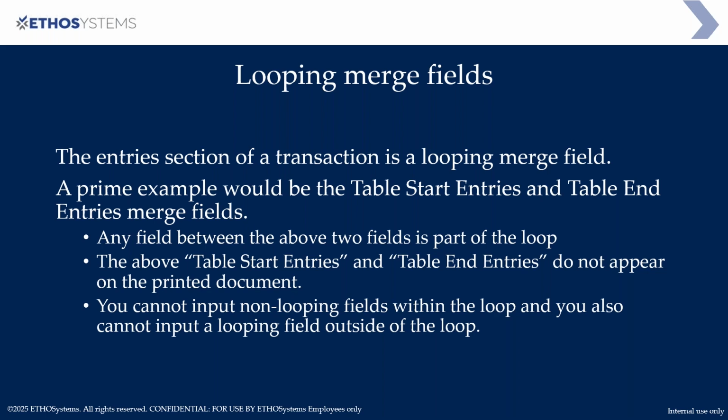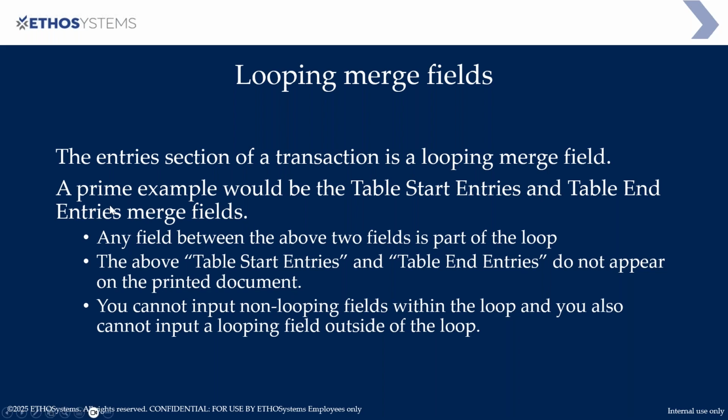There could be 20 rows. If it's a project contract, your schedule value lines, there could be 20, 30 rows. It could be a purchase order where you've got several lines. So when it's a looping merge field, Sage Intacct just goes through every line entry and pulls that data for every line.